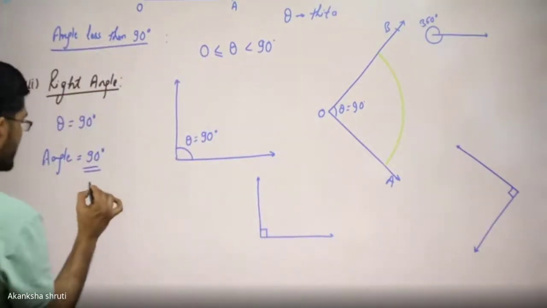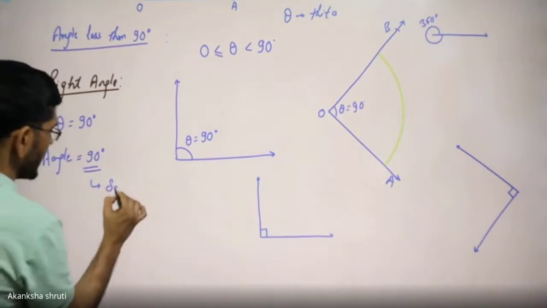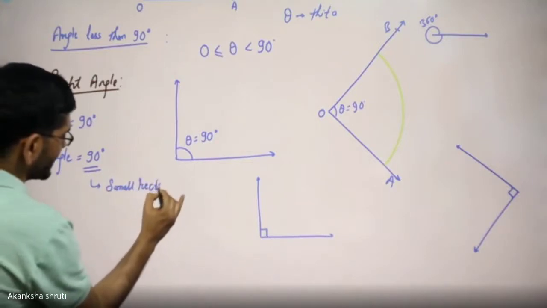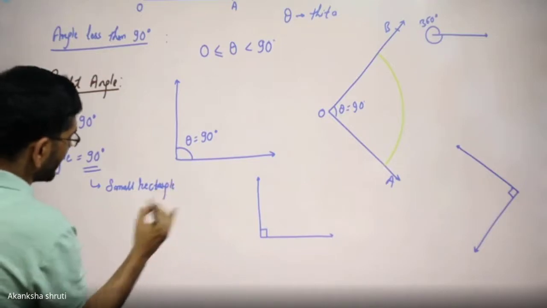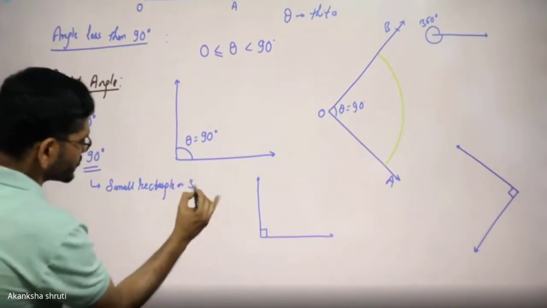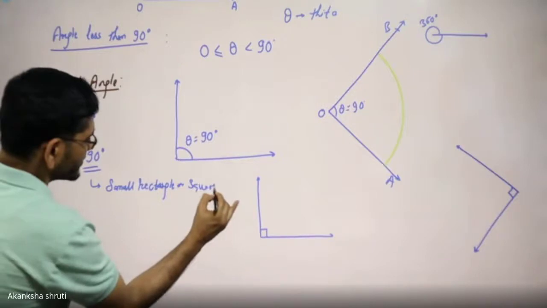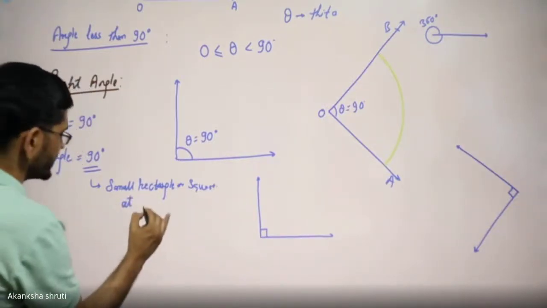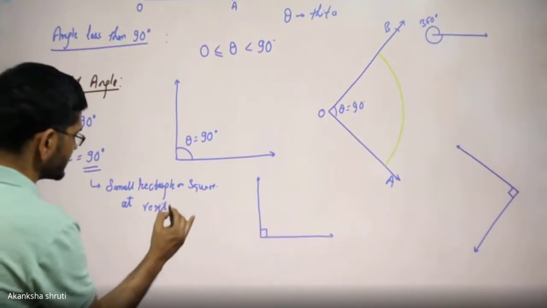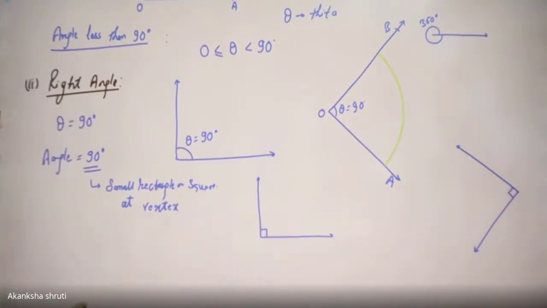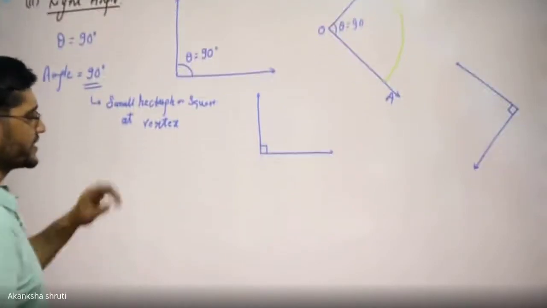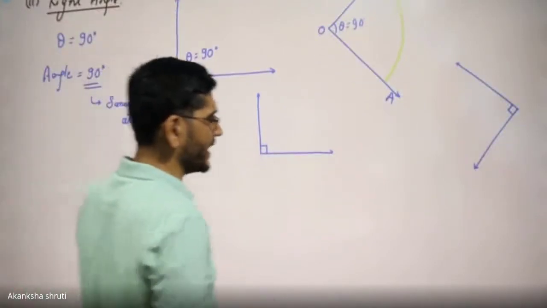So it is denoted by a small rectangle, or you may call this a square, that doesn't matter. Okay, students, at the vertex, then that angle will be 90 degree. Example, this may be drawn in your triangle.